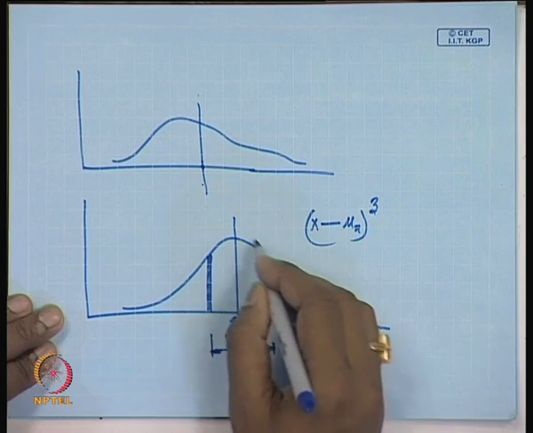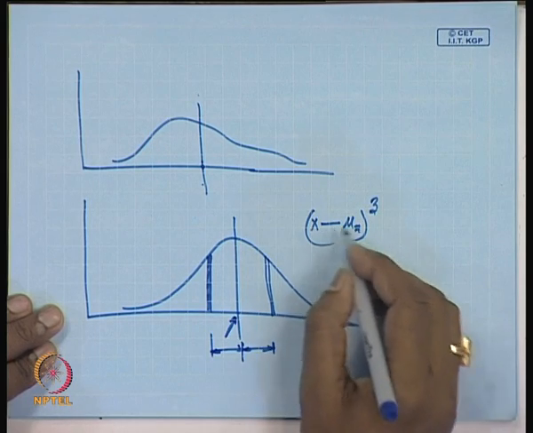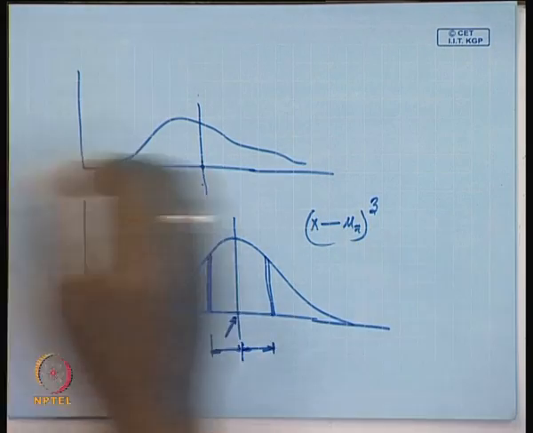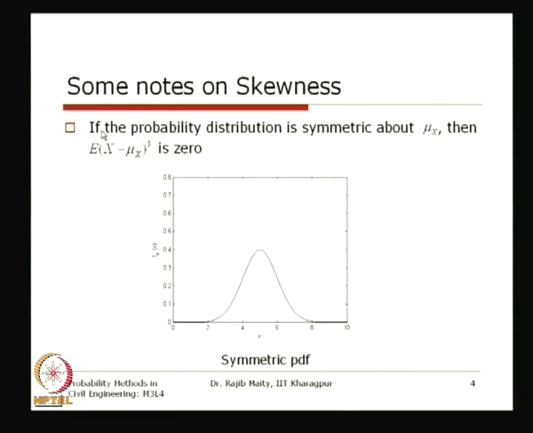So if this one is symmetric, then this moment will be exactly equal to 0. This is what is explained here: if the probability distribution is symmetric about mu x, then the expectation of (x minus mu x) power cube, the third moment, is equal to 0, which is one example also shown in this diagram.